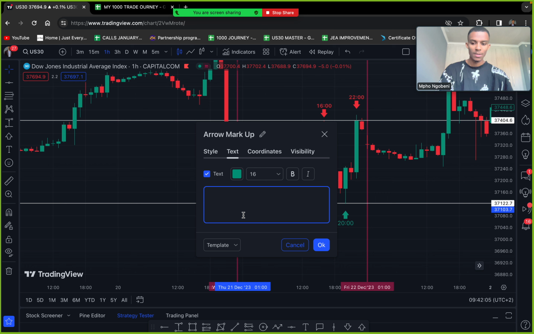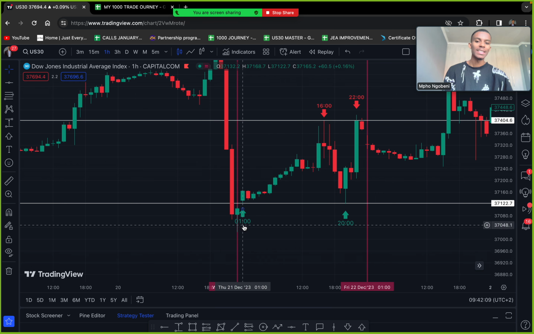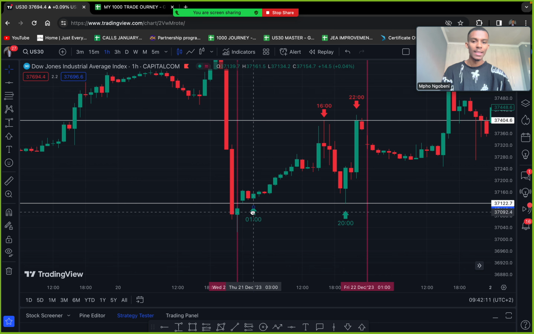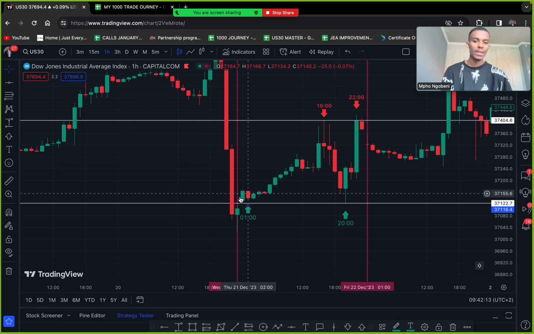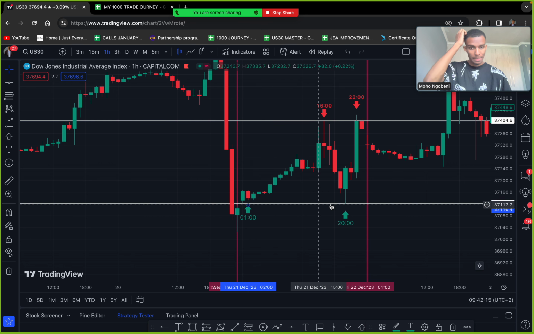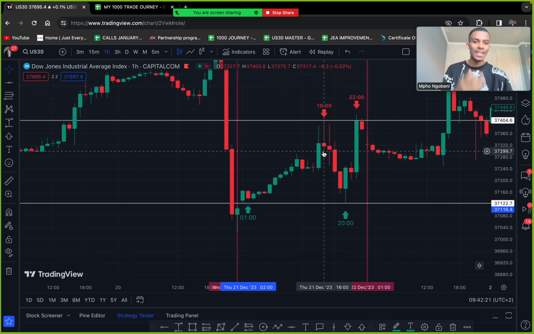So let me also write it down. The chances are so high that this resistance could be at 1 o'clock. That 1 o'clock can be a place of resistance where we reject, and then we can even reject again at 8 o'clock. The chances are high. Or we can create a high at 4 o'clock and reject there at 10 o'clock. The chances are very, very high.